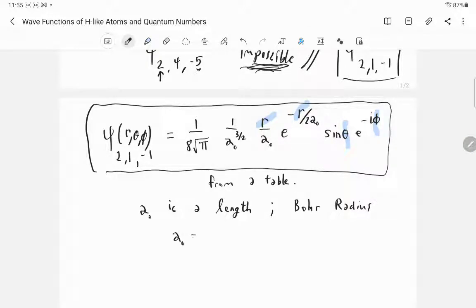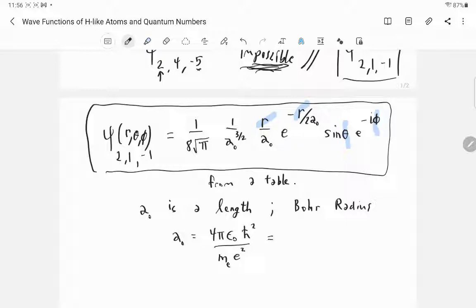So a sub 0, in terms of fundamental constants, is 4 pi epsilon naught h bar squared. Epsilon naught is the permittivity of free space. It comes from electrostatics; it's in the Coulomb potential, which is why epsilon naught is here. Then I divide by the mass of the electron, and multiply by the fundamental charge squared.